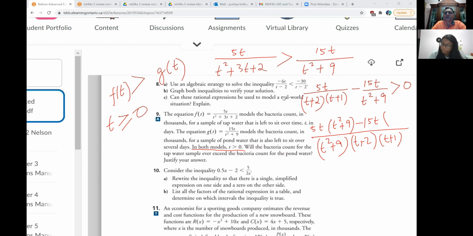Which is, I'll write the standard form, t squared plus 3t plus 2, that'll be better because we have to expand, right? And we want to show that this is greater than 0, right? There's less space. Okay. Since t is greater than 0, that means t is positive, correct? So we can divide both these sides by 5t. Is it okay?